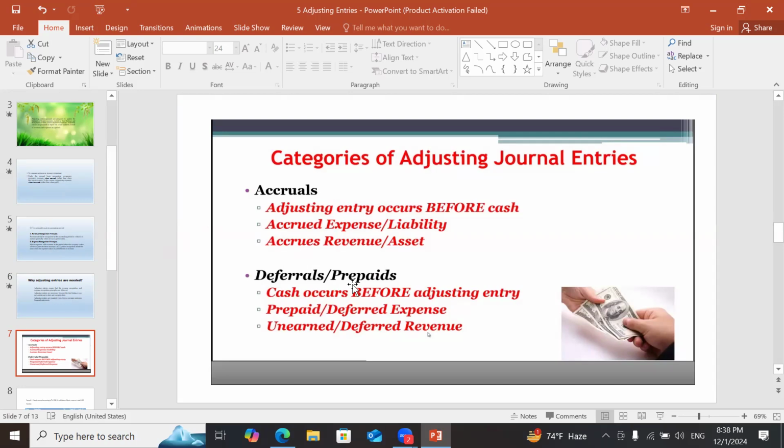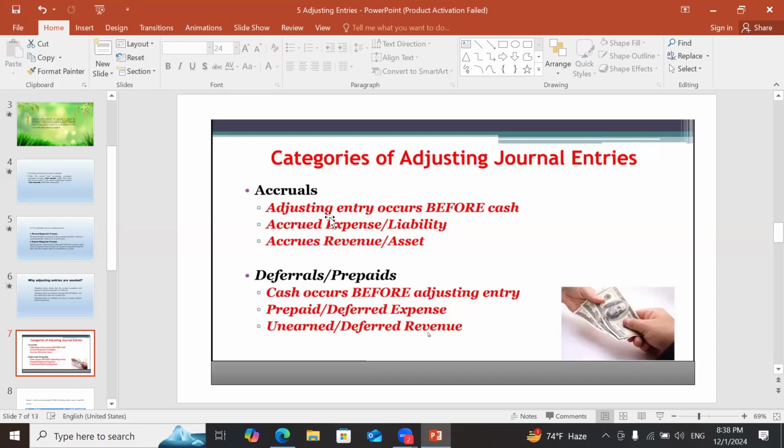You paid in advance, but the service or related activity is not yet done. This is the prepaid. Prepaid expense is always an asset. Mind it. And accrued income is always an asset. We will get it in future. Receivable. So adjusting entries have two categories: accrual basis and prepaid or deferral basis.